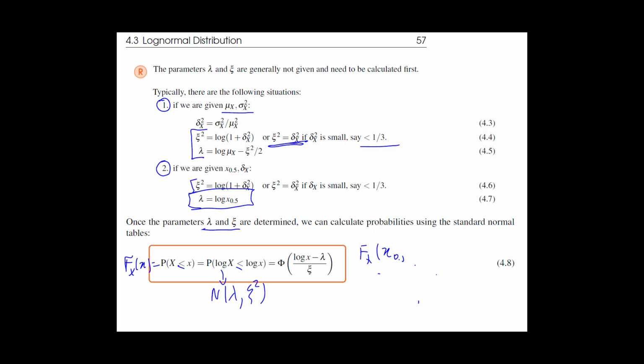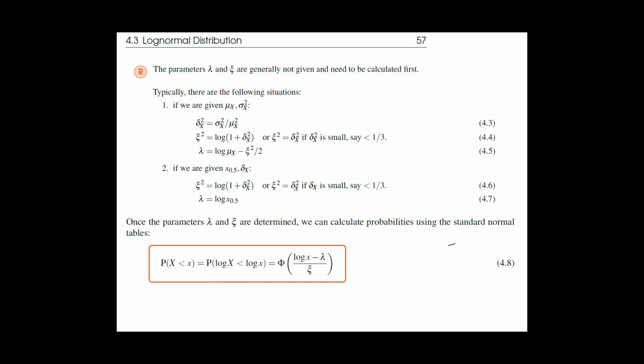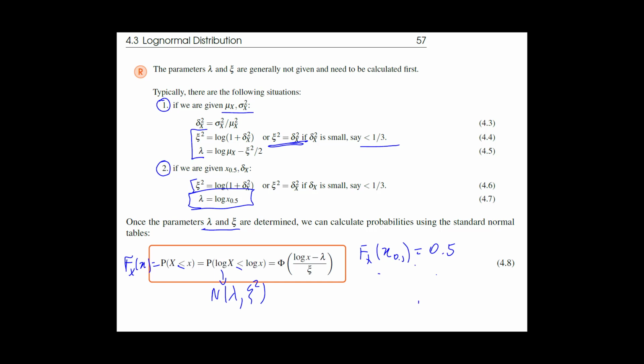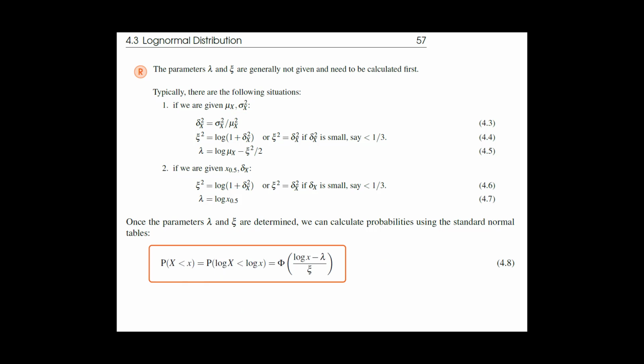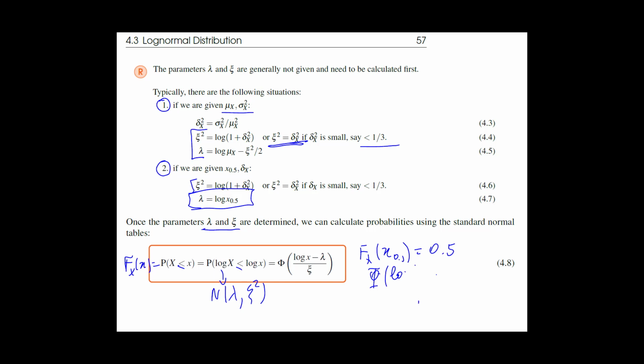Okay, so the CDF of the median, by definition of median, is 0.5. The area to the left is 0.5. But this is also equal by this argument to phi of the log of the median, I'm just using this formula right here, minus lambda divided by psi, equals 0.5.